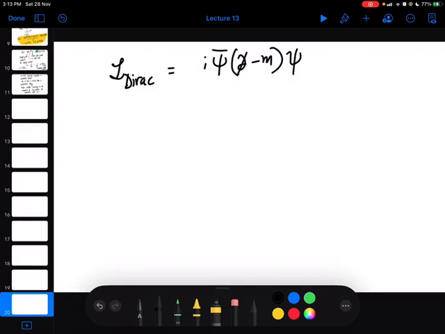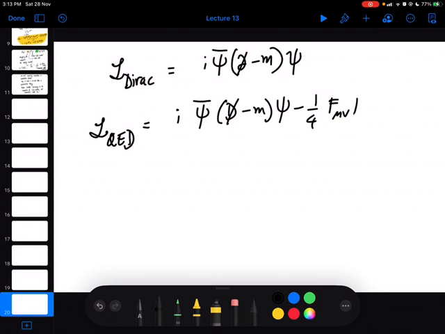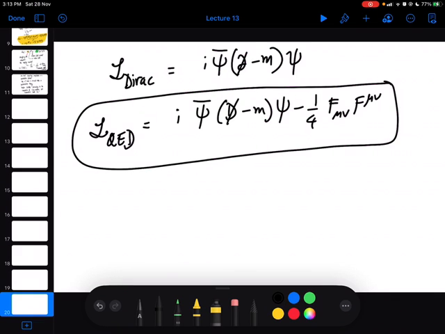Now it's such a nice theory that L QED is equal to i psi bar D slash minus m psi minus 1 by 4 F mu nu F mu nu.